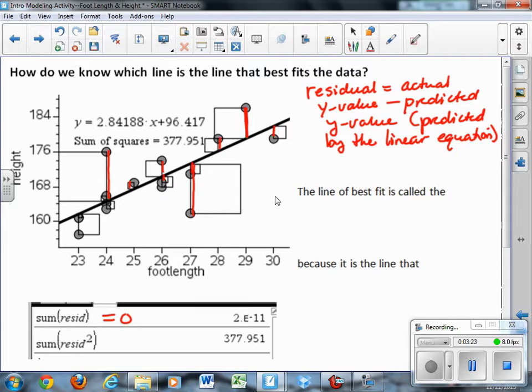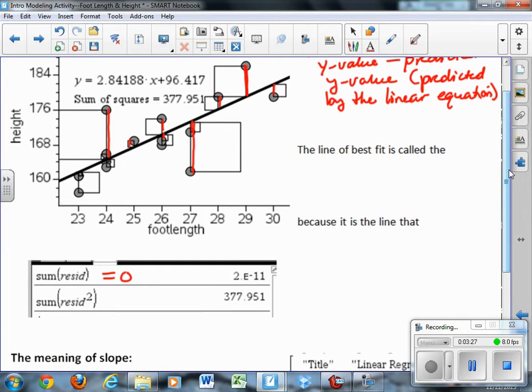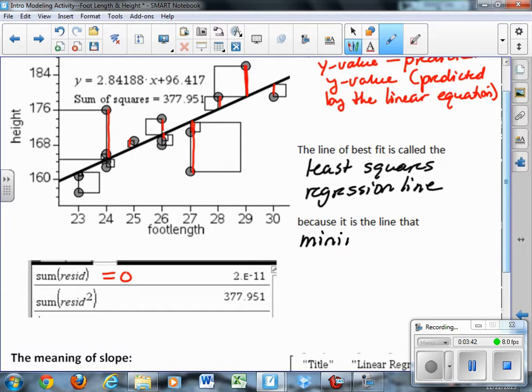And so let me tell you how that number is used to find the line of best fit. The line of best fit is called the least squares regression line, because it is the line that minimizes, or makes as small as possible, the sum of the squared residuals.